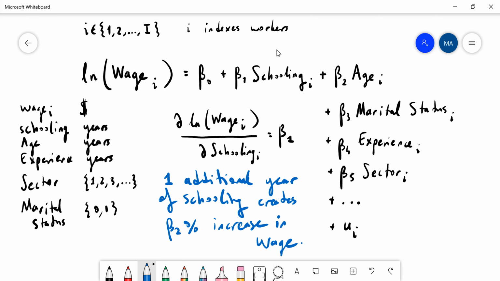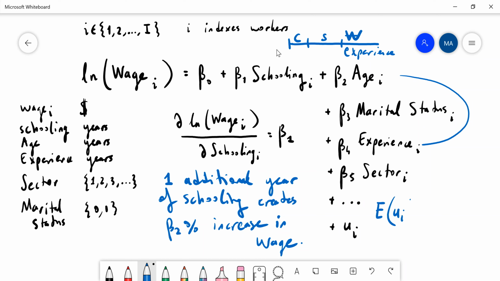But there are some problems, and I'm not going to dive into all of them. For instance, age and experience are related. So age, schooling, and experience are also related, because in your lifetime, you are a kid, then you are in school, then you work, right? So your experience starts here. They are correlated, so you have to be careful with this. But the biggest problem is that schooling is not exogenous, right?